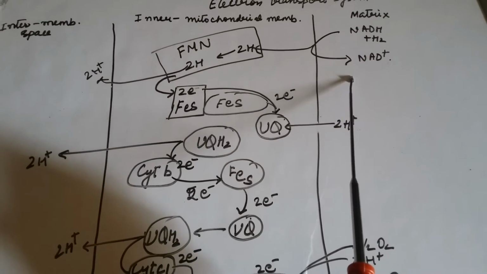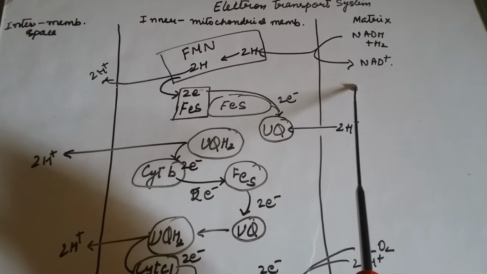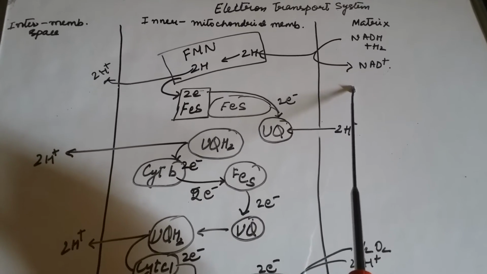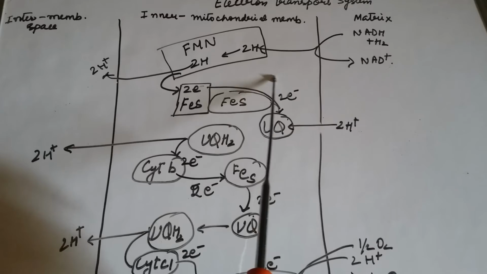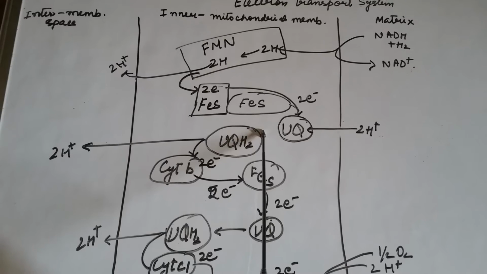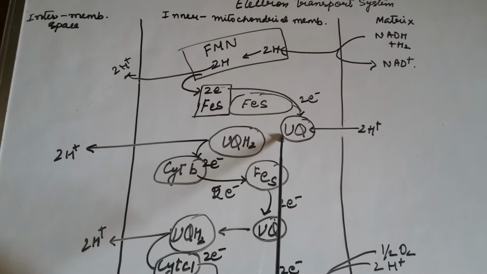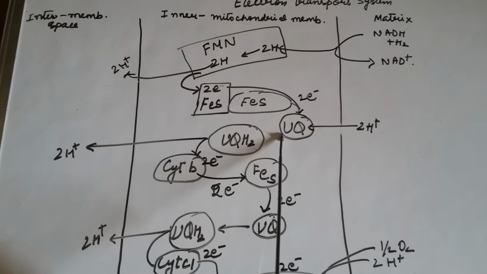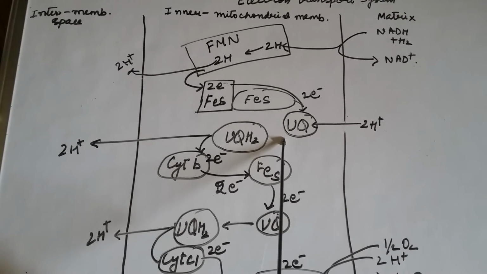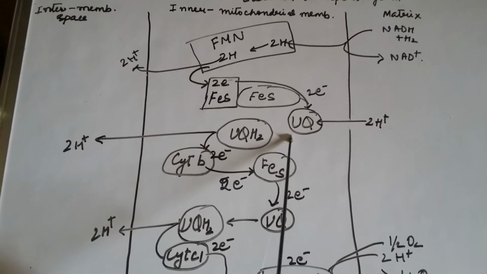The electrons that are produced from NADH in the mitochondrial matrix are oxidized by the enzyme NADH dehydrogenase in complex 1, and the electrons are transferred to ubiquinone located at the inner membrane. The ubiquinone then receives the reducing equivalent via FADH2, which is generated during oxidation of succinate in the citric acid cycle, with the transfer of electrons.